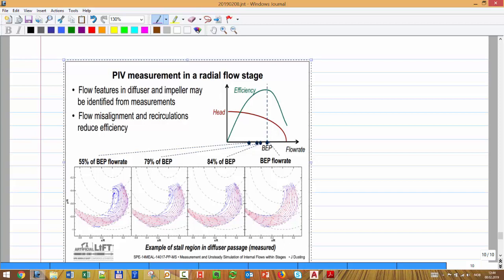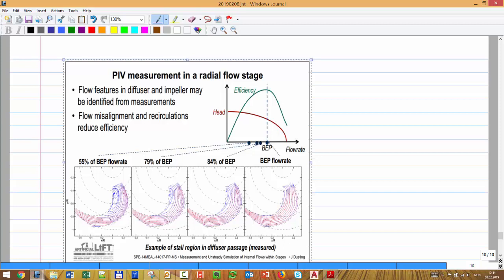It doesn't enter anymore in this direction, but now it enters slightly like that. And you start having problems here, some recirculation. Here it gets worse when you reduce the rate more, and here it gets even worse. The problem is that you block part of the channel. Now the channel that you have for flow is much less. And this recirculation is what causes the drop in efficiency on this side.